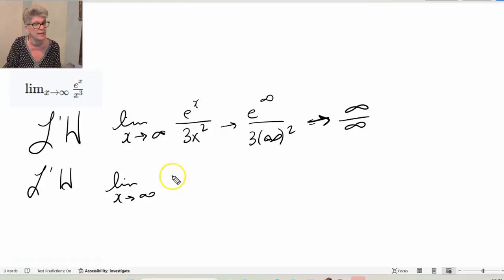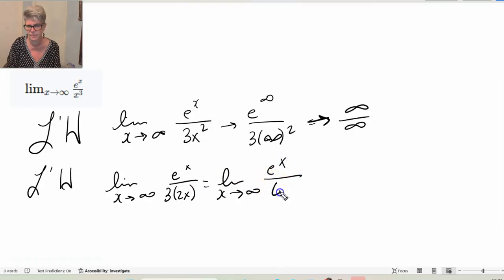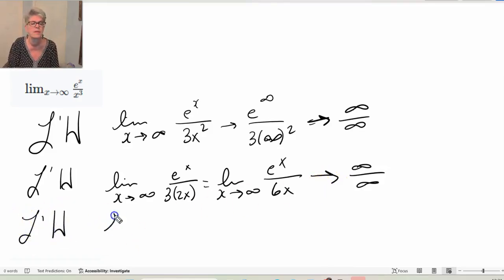The derivative of e to the x is e to the x. The derivative of 3x squared is going to be 3 times 2x to the first. Again, that's going to tend to infinity over infinity, so I apply L'Hopital's again.